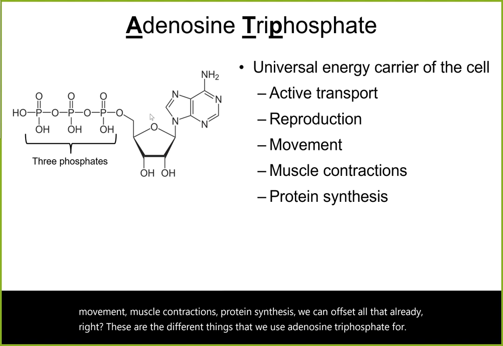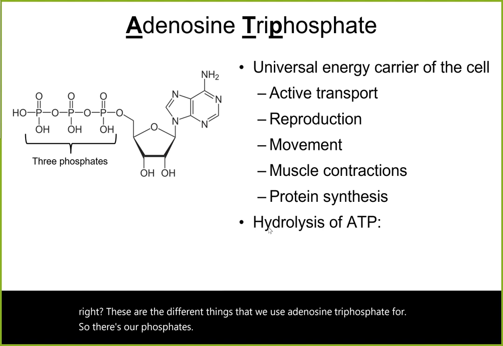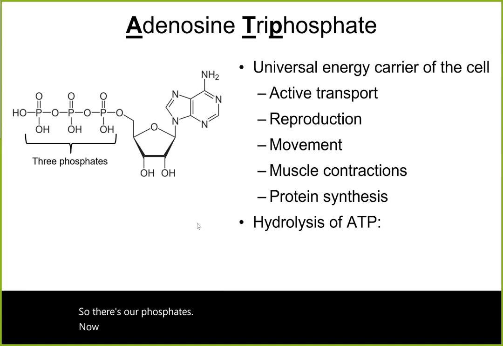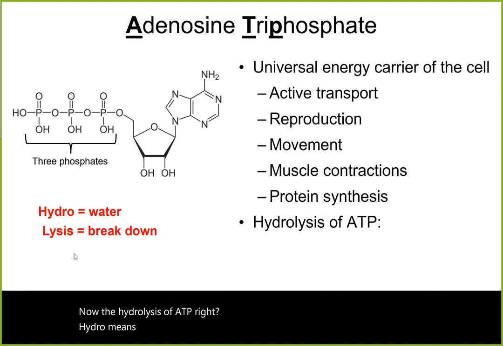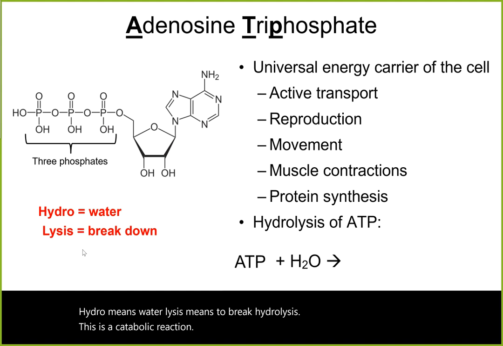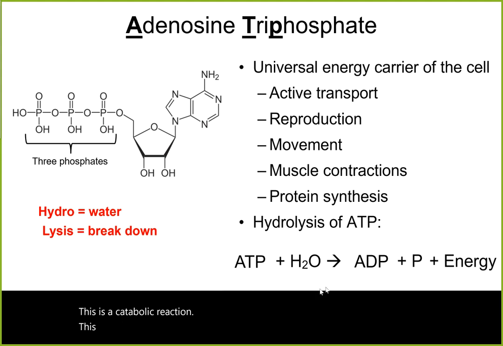So there's our phosphates. Now, the hydrolysis of ATP, right? Hydro means water. Lysis means to break. Hydrolysis. This is a catabolic reaction. This is that same reaction that we just looked at last slide.